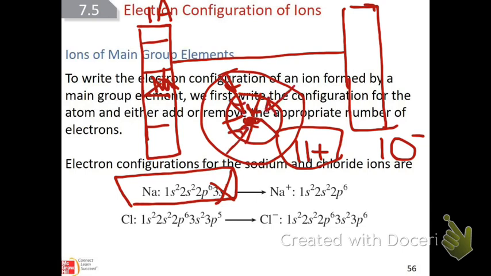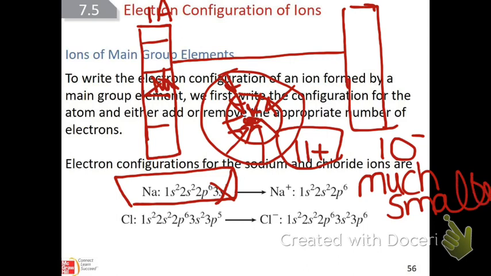They're going to suck these 10 remaining electrons in tight, so that this ionic radius is much, much smaller than its neutral atom.